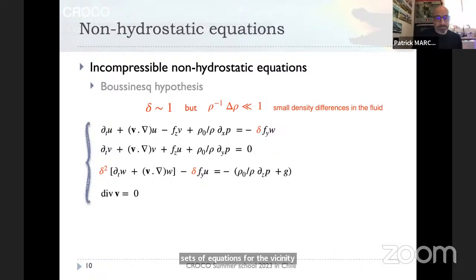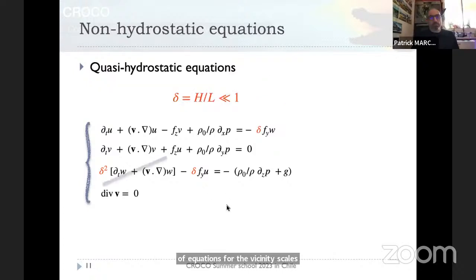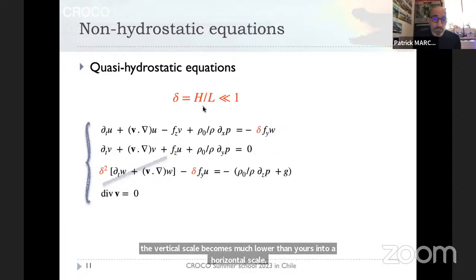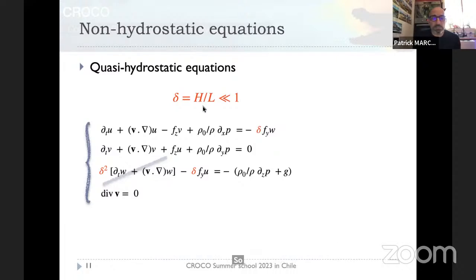So the next step, going to larger scales, will be to consider delta to be much lower than 1, meaning that the vertical scale becomes much lower than the horizontal scale. So this is a hypothesis, again, that we can make when we consider larger scales.